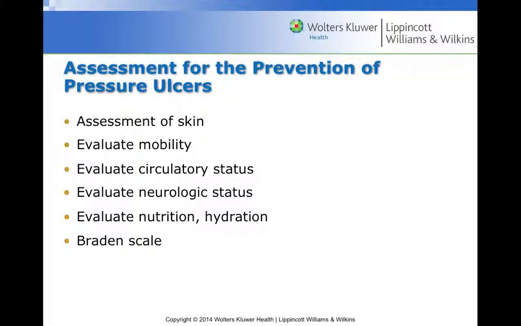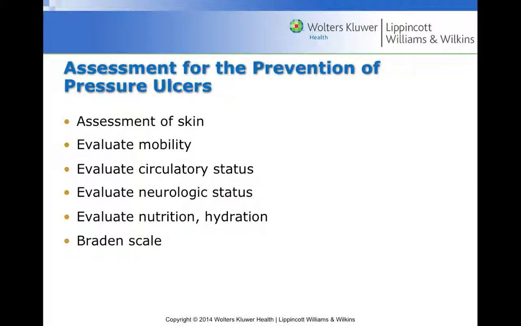And the last thing you want to look at is the Braden scale, and usually this is built in to each computer charting system now, where you have to chart on your patient at least once a shift a Braden scale, and it gives you a number telling you if your patient is at low, moderate, or high risk for a pressure ulcer.